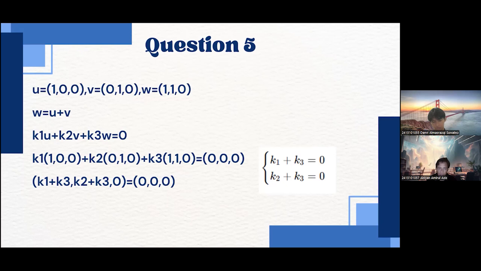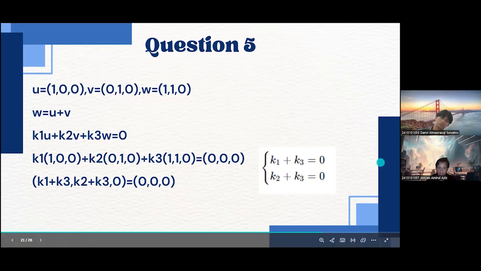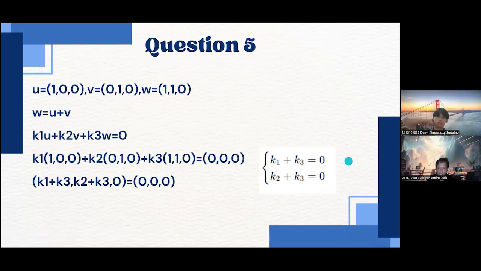We take W as equal to U plus V, and for k1 until k3 equal to 0, this means k1 times 1, 0, 0 plus k2 times 0, 1, 0 plus k3 times 1, 1, 0 is equal to 0, 0, 0. The system is obtained as k1 plus k3 equals 0, and k2 plus k3 equals 0.